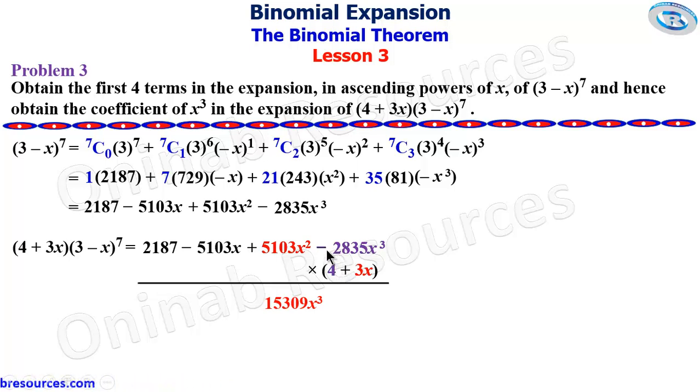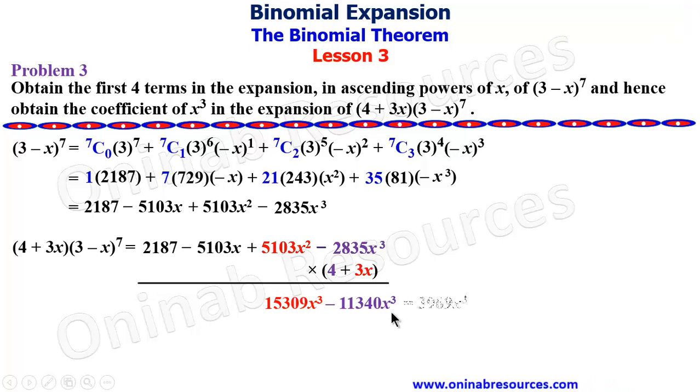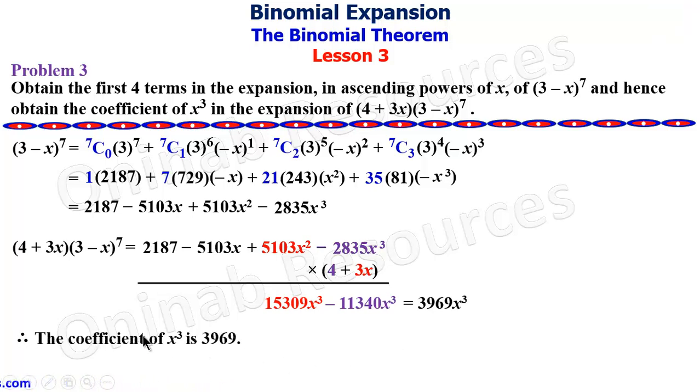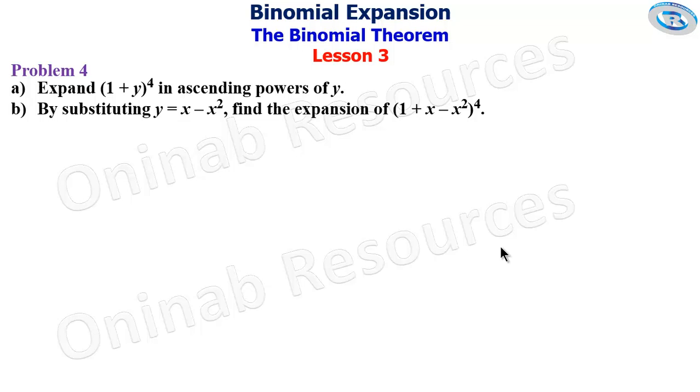Then 4 times negative 2835 will give me 11,340x cubed with minus sign. So simplifying this, we have 3,969x cubed. Therefore, the coefficient of x cubed is 3,969. This is the end of solution to problem 3. We go to problem 4.